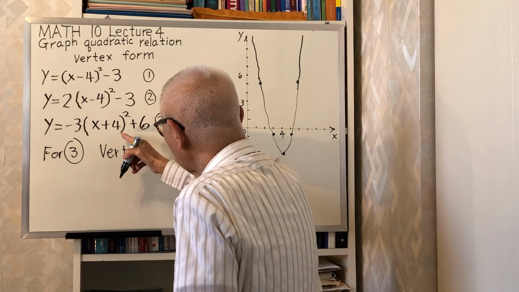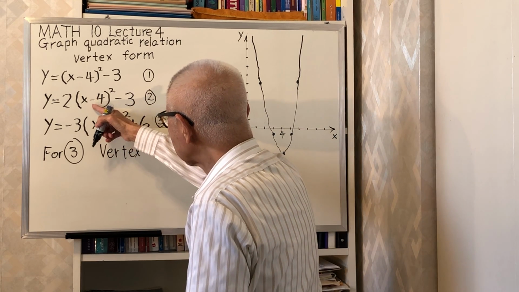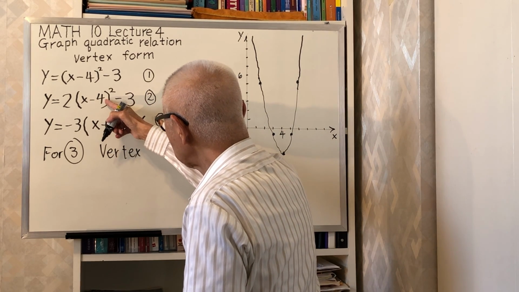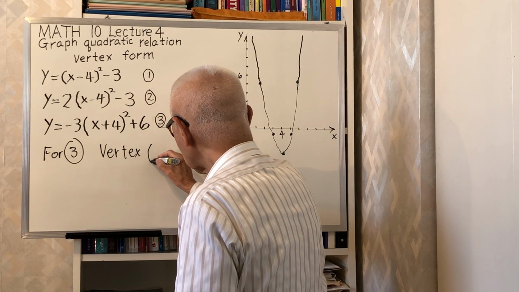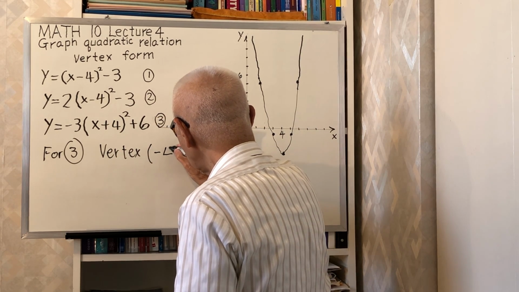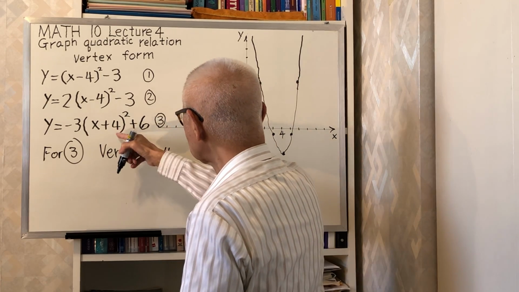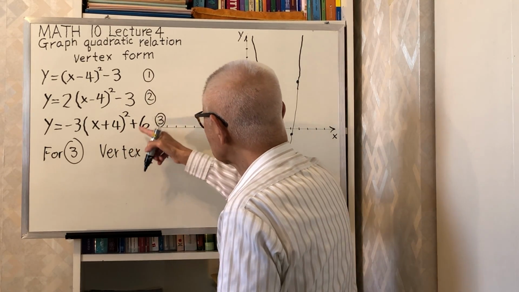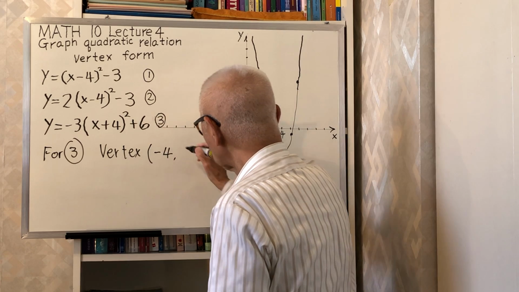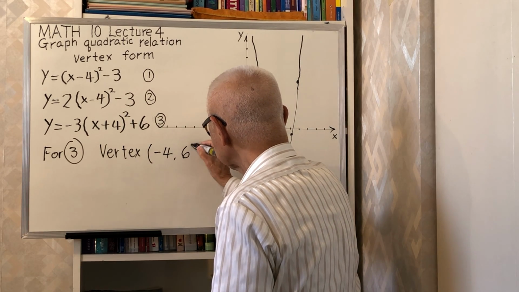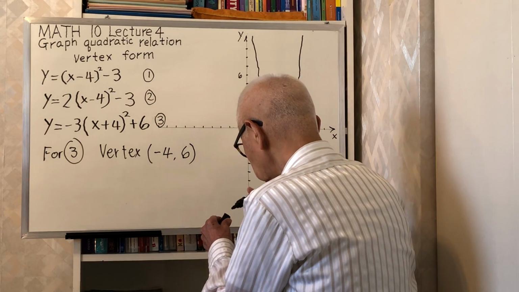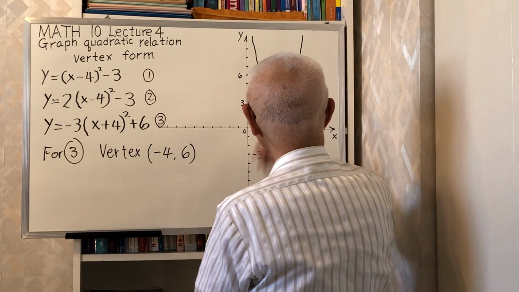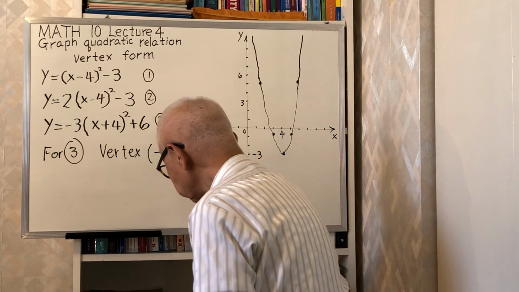It's not 4. If it's negative here, the x coordinate is 4, but it's positive, so the vertex is negative 4. That's the x coordinate. And the y coordinate, you keep this sign, so the y coordinate is 6. Okay. So, I need to erase this graph.